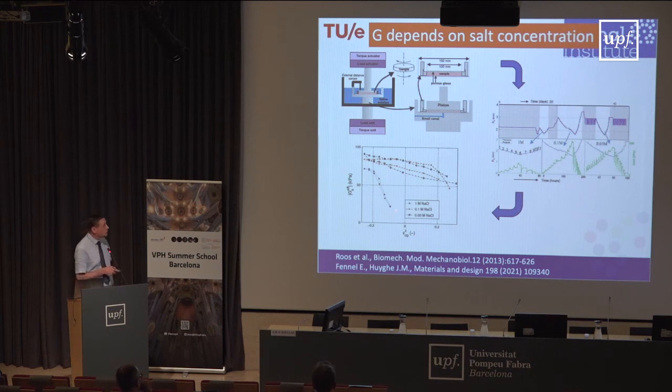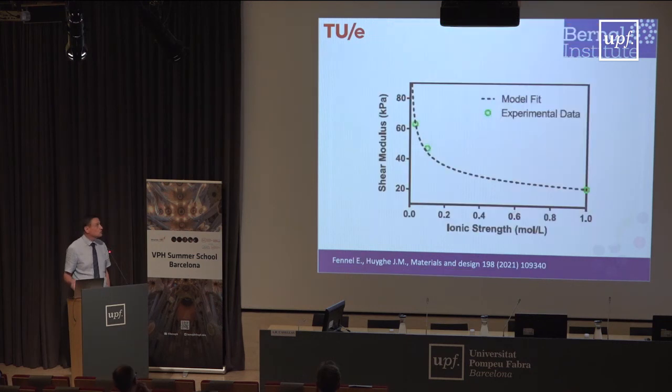This kind of result has been found by us for gels, and by Alan Grodzinsky at MIT for cartilage. Here we have a dependence of stiffness on salt concentration as such. You see shear modulus plotted versus ionic strength, and you see quite significant changes in stiffness.